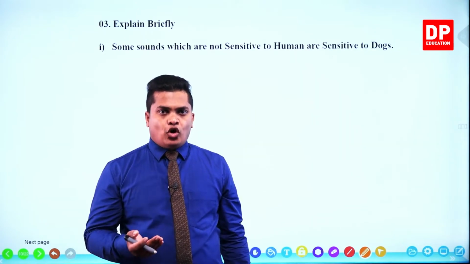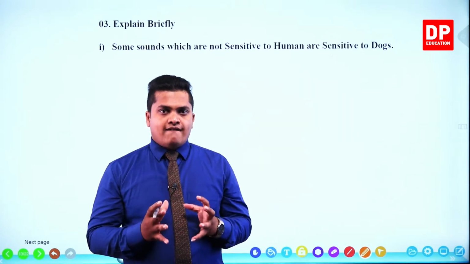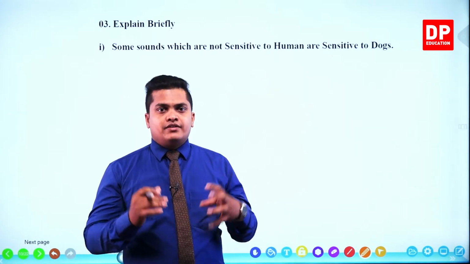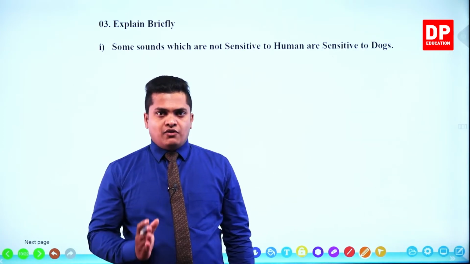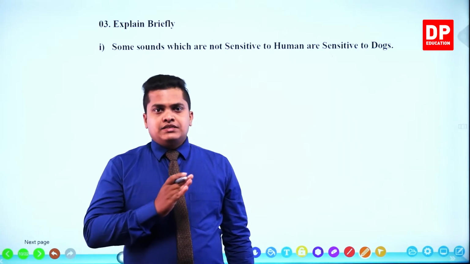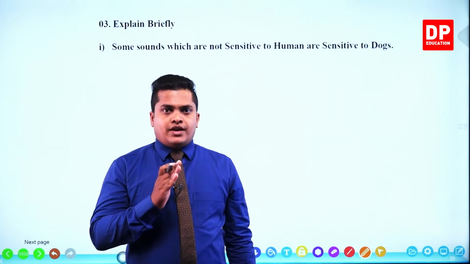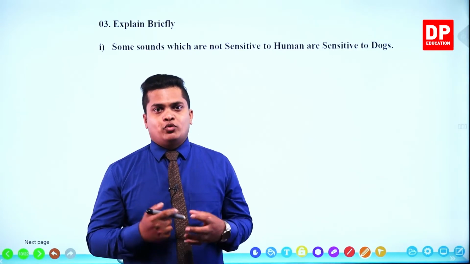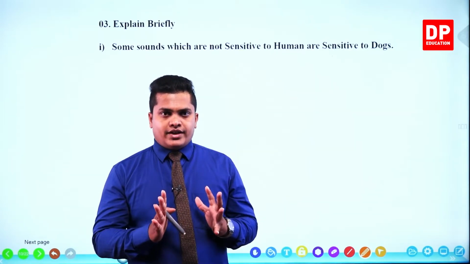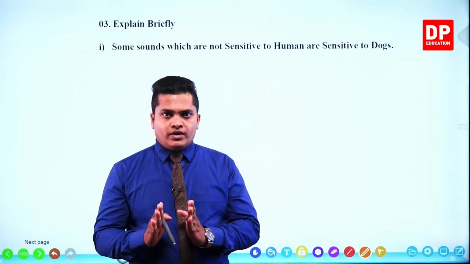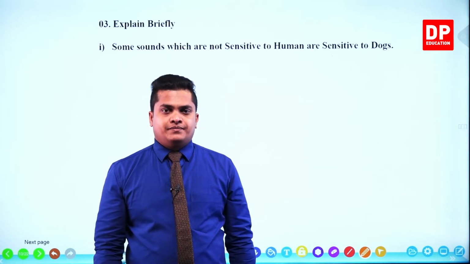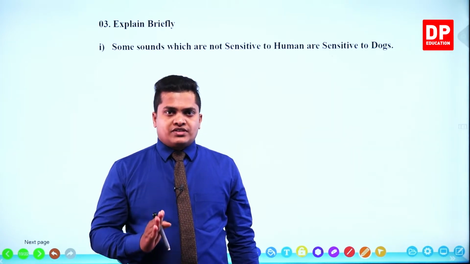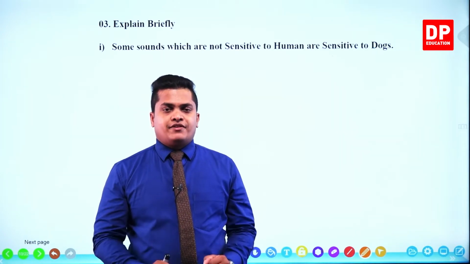But dogs have a different frequency range or different hearing range. So there are some sounds heard by dogs, but those sounds are not sensitive to humans because the hearing range of dogs and humans are different to each other.